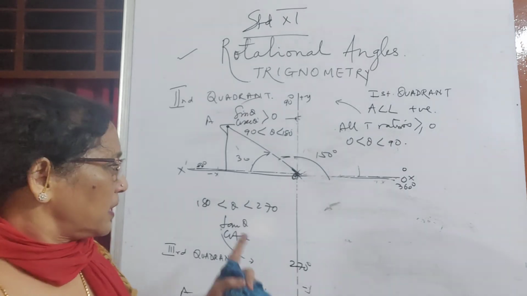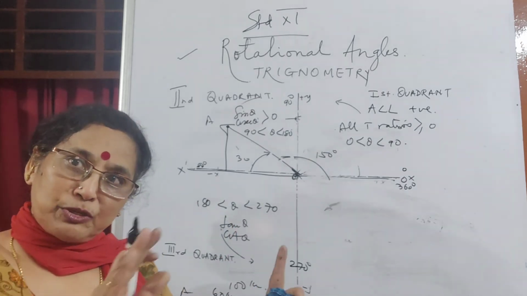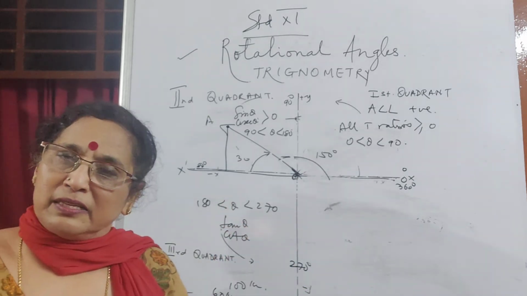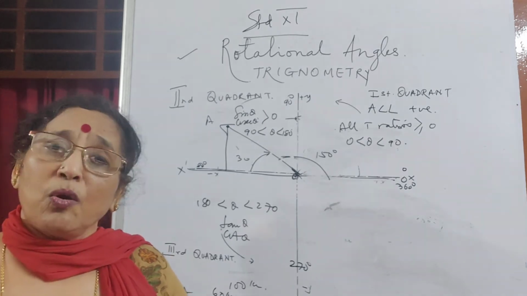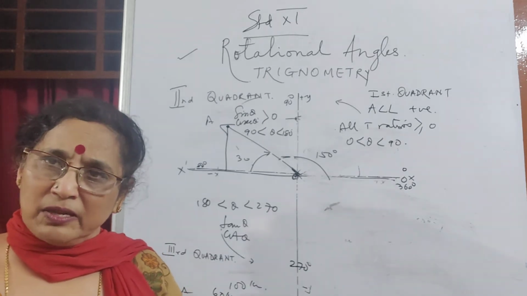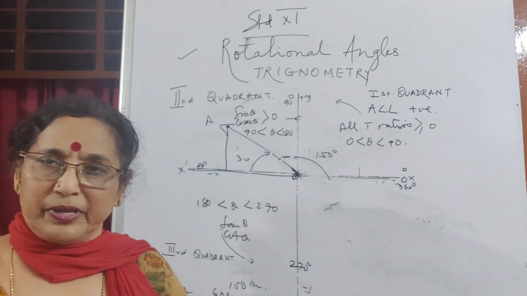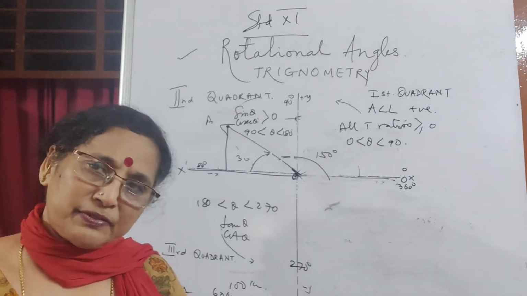Next, what about the third quadrant? It is 180 plus, or 270 minus. If an angle is in the third quadrant, it has to be split up in two ways: 180 plus the excess or 270 minus how much it is. Like 220, you can write 180 plus 40 or 270 minus 50.